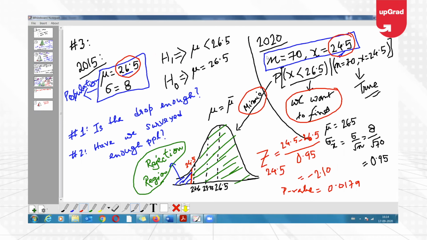In this case, what is my H0? Actually, you know what? This is not correct. This should be the ideal formulation, that it is 26.5. Actually, even this is not correct.